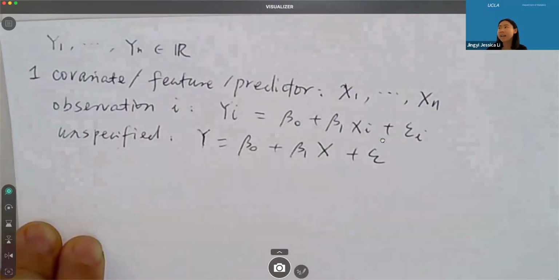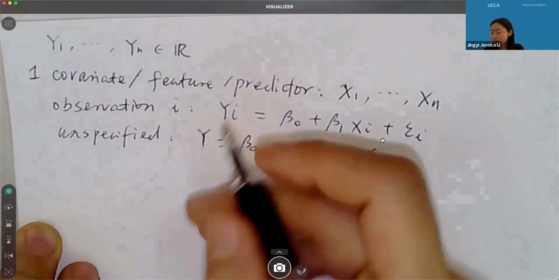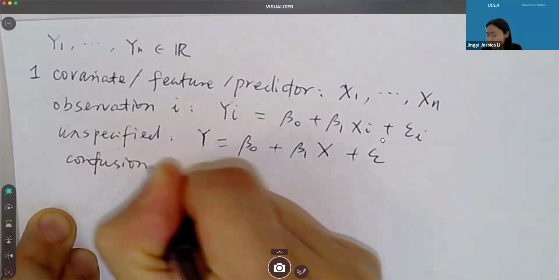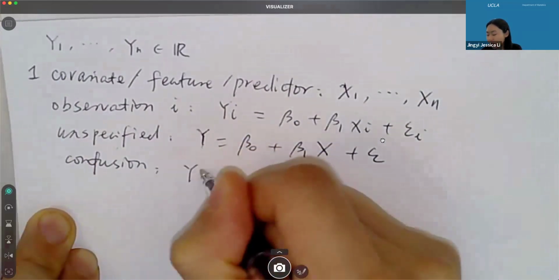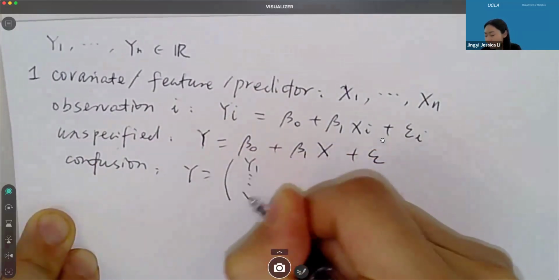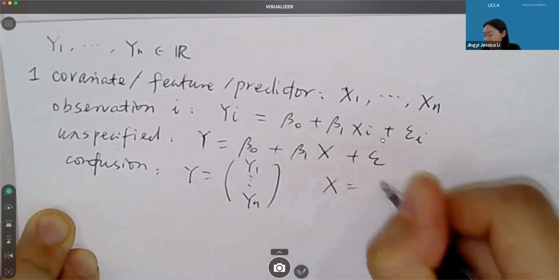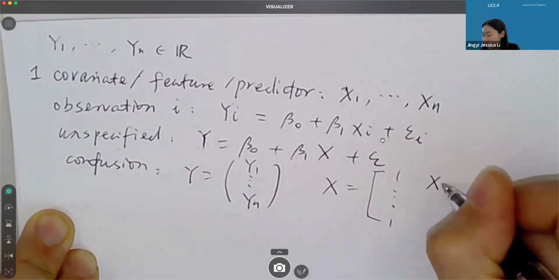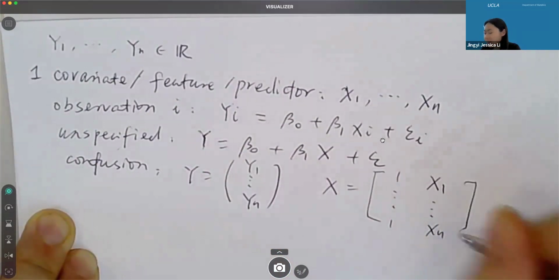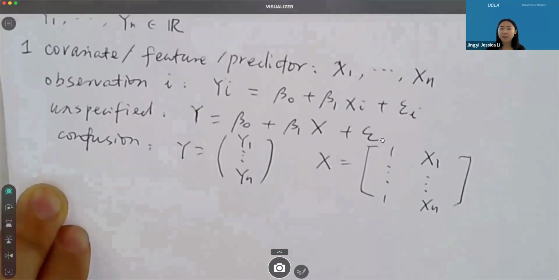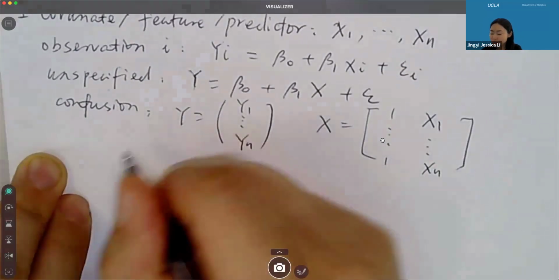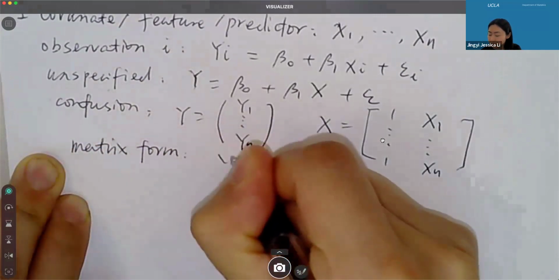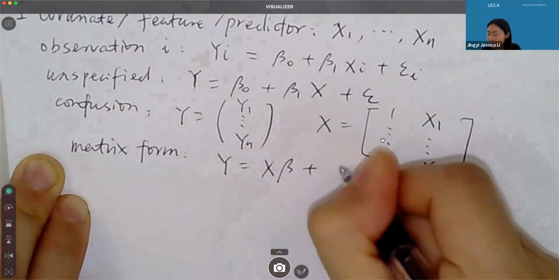The reason is that in our matrix form, if you remember, we write y as y1 to ym, x as this design matrix, 1, x1 to 1, xm. Using this form, in our previous lecture, we have this matrix form: Y equals X beta plus epsilon.